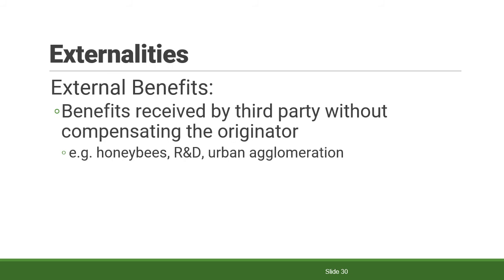Same thing with R&D. When we think about investing in research and development, more often than not, it's to create a particular commodity, let's say a medication or a particular treatment. But once you create a drug, that can have multiple uses.